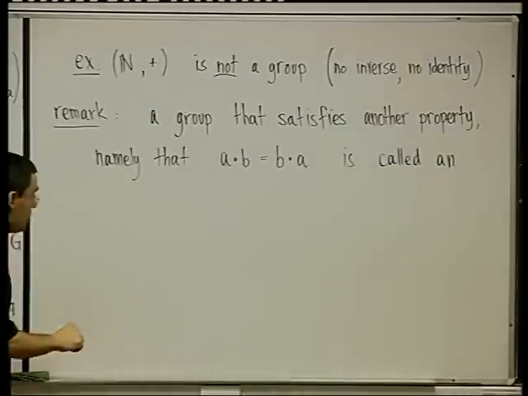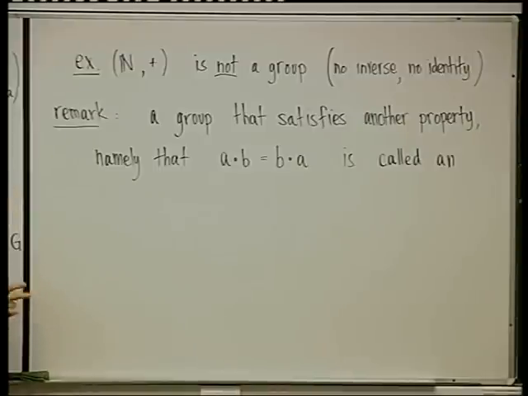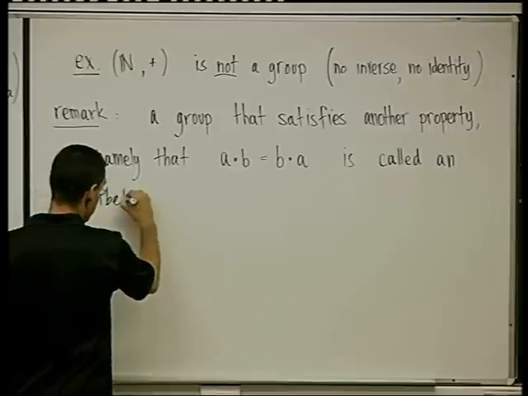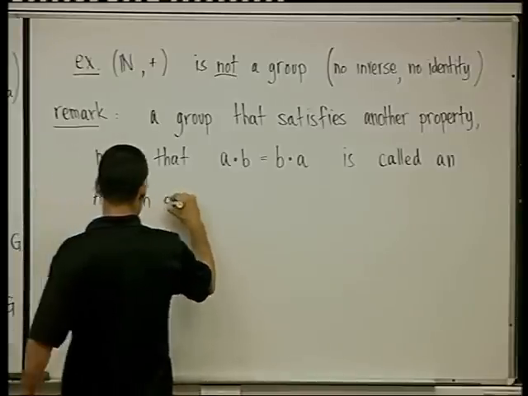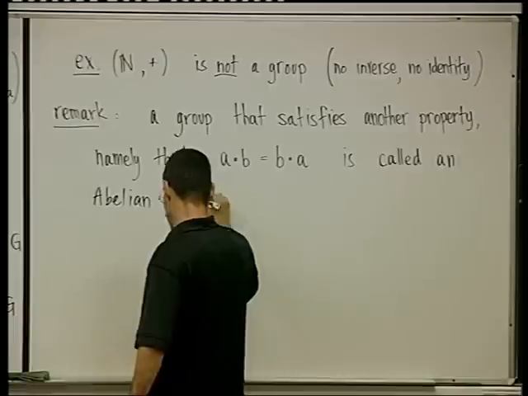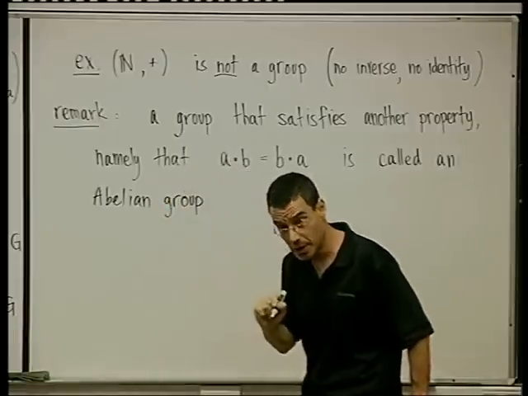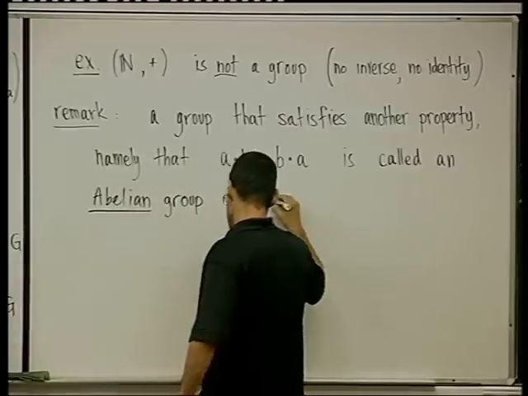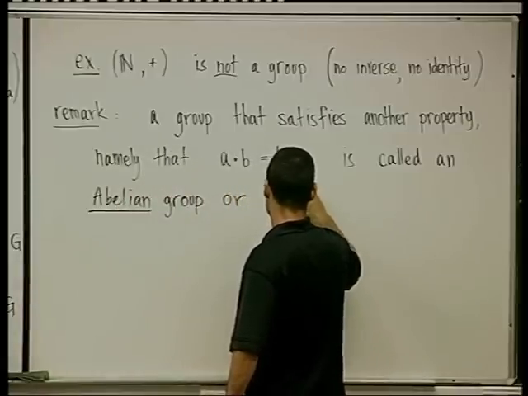So this is the property of being commutative. It's called either an abelian group, named after a mathematician that we mentioned in the introduction, Abel, or sometimes it's called a commutative group.